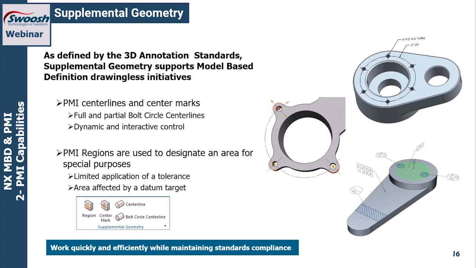So these are PMI regions we can specify in our design and write on our physical surface, to communicate to another user that a specific area of this part needs this requirement, or this is an area to keep a certain finish off of this part. These allow us to work quickly and efficiently while maintaining our standards compliance within the standard that's chosen for designing our parts.